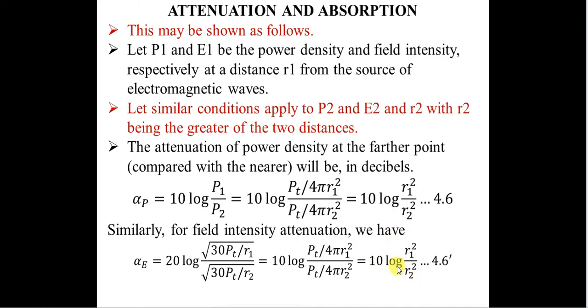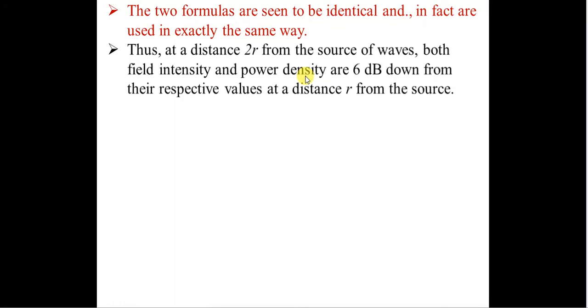So both these values are the same. The attenuation of power density and field intensity are identical. Thus, at a distance 2r from the source, both field intensity and power density are 6 dB down from the respective values at distance r.